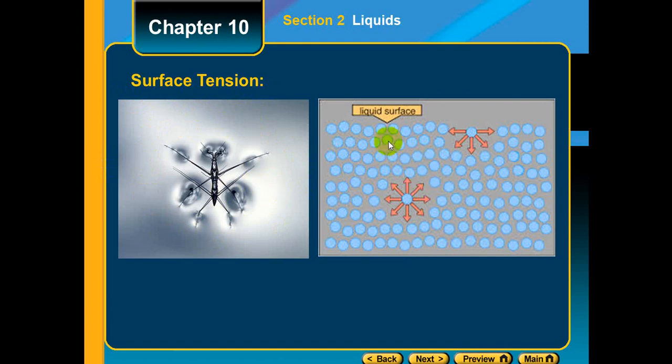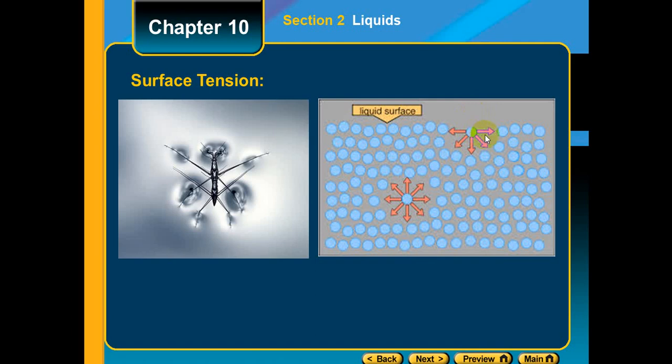This can be explained by the fact that the particles inside the liquid are attracted from all directions by all molecules around them. But a particle or a molecule on the surface is attracted from the sides and from down, and not from above.